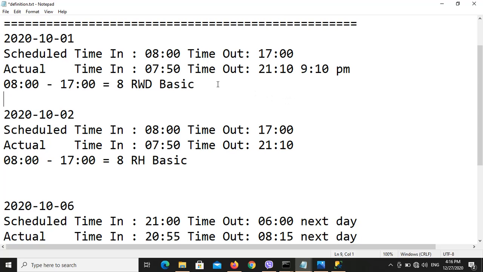Okay, now if you look at this actual time in, there is from 7:50 to 9 p.m. So therefore, from 8 to 5, it will be 8. And then here it's RWD basic. It means regular working day. So it's a regular working day.